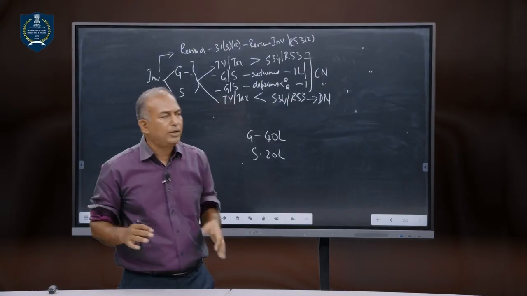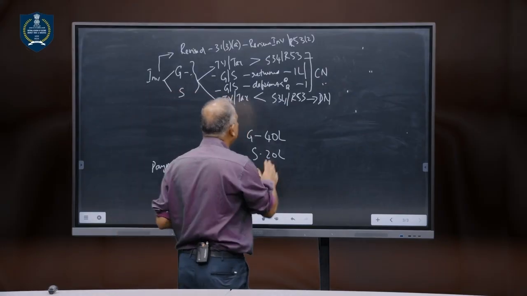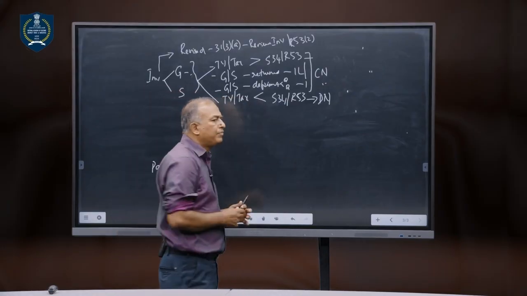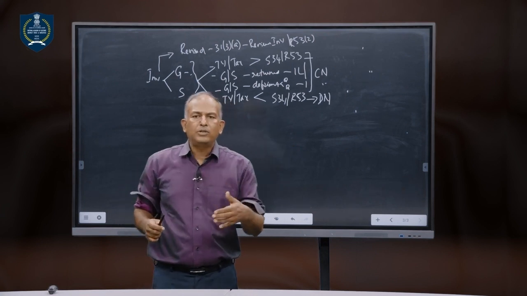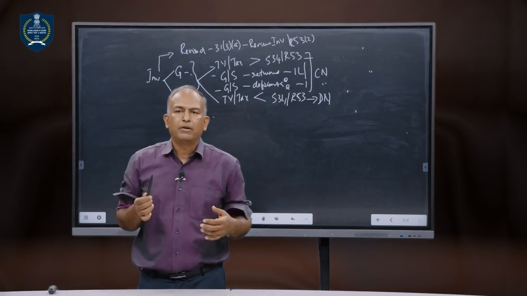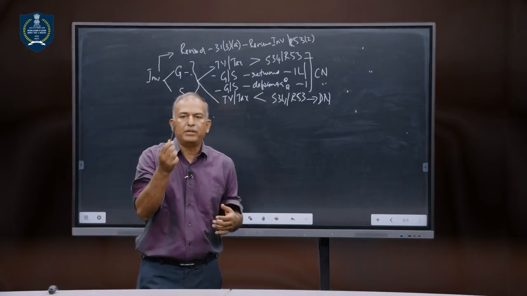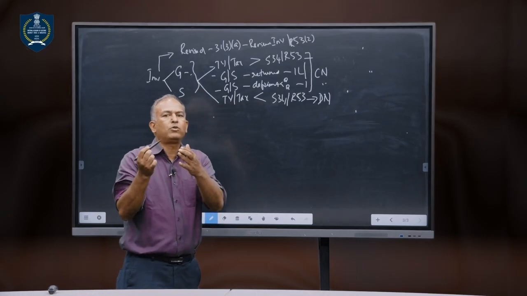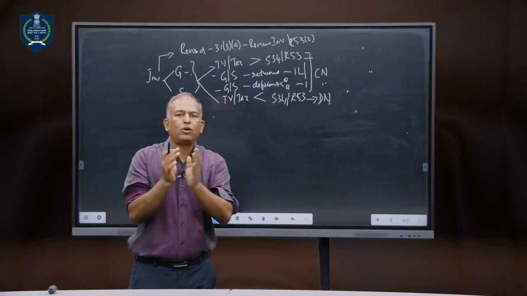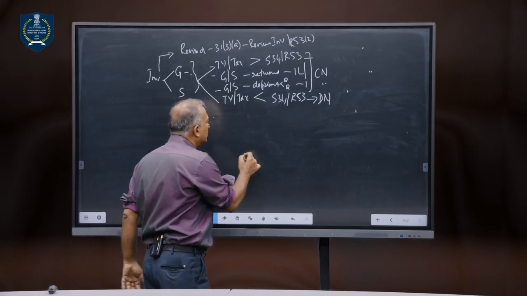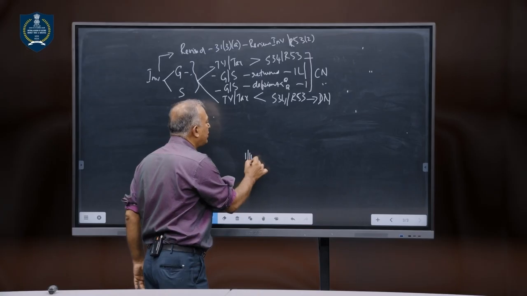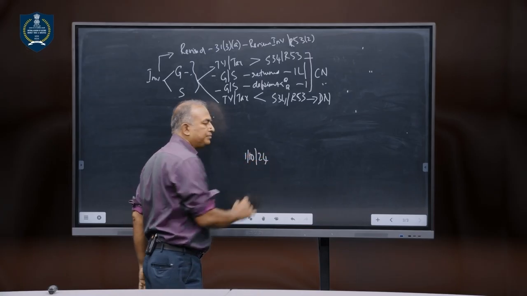Let me give you a particular example. Let us say Rajesh is a supplier of goods, this pen. I will be crossing 40 lakh rupees on 1/10/2024.